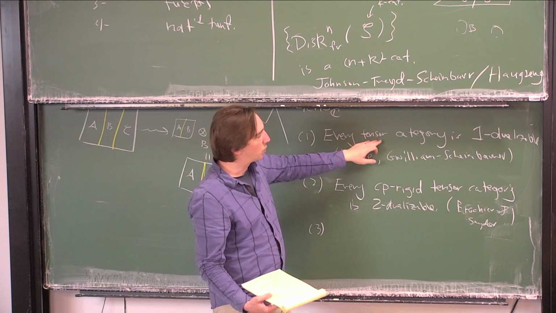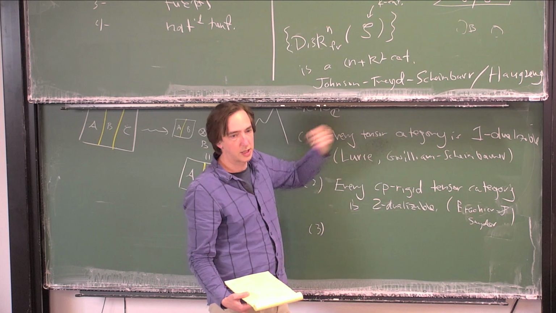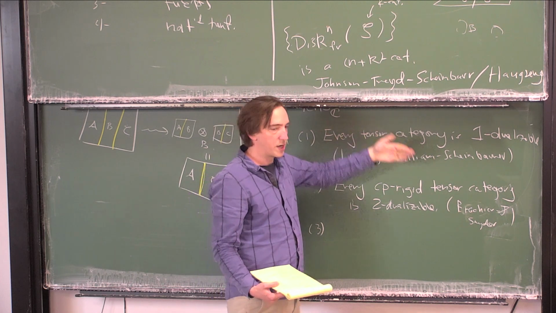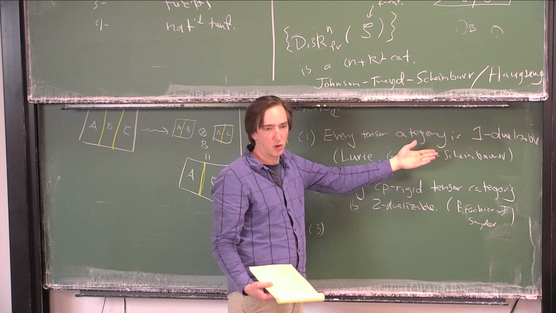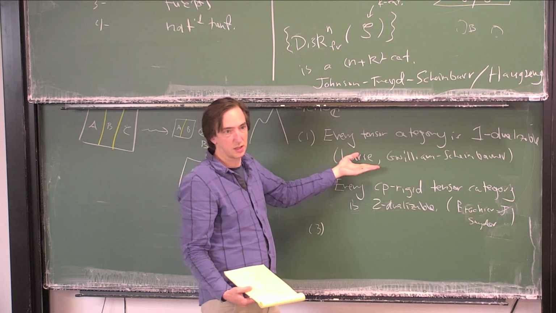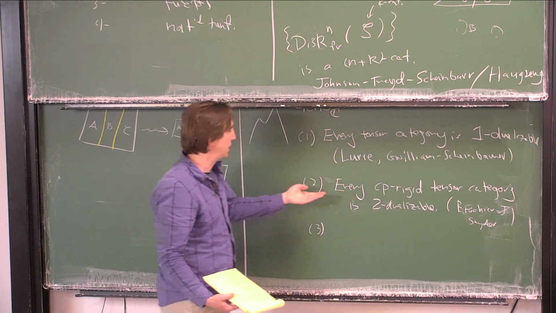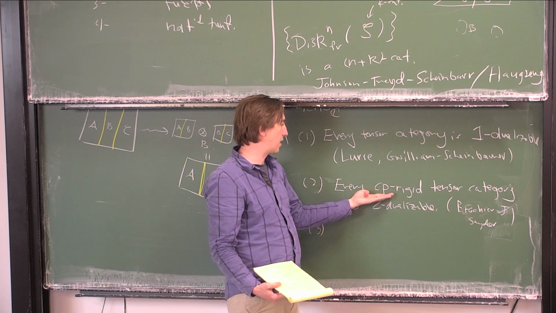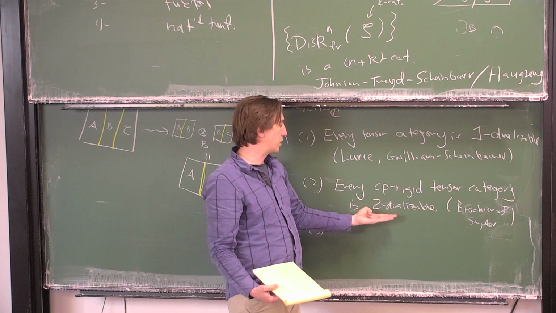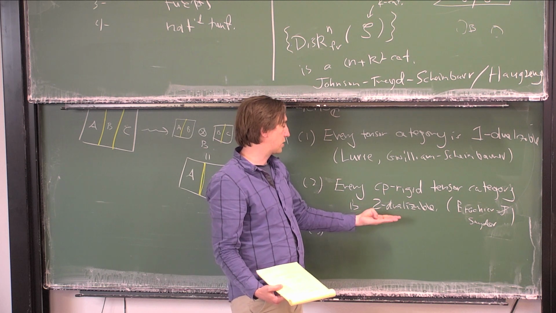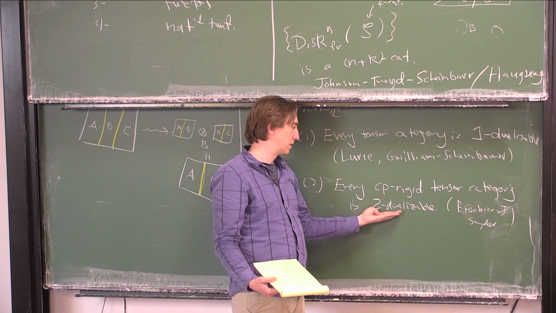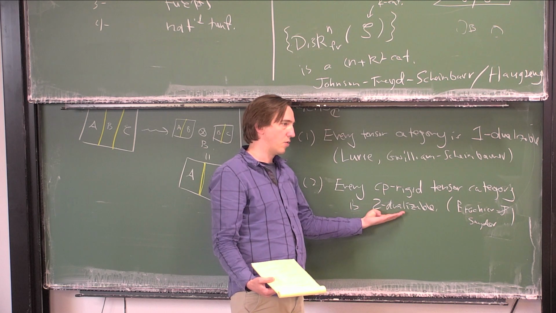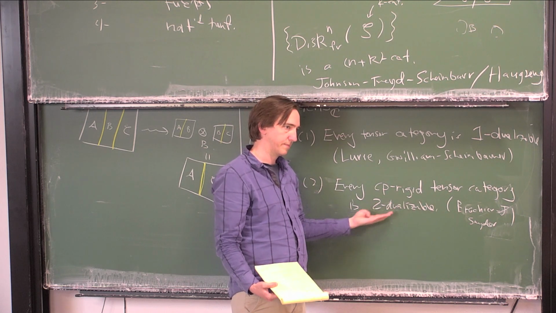But if it's only 1 dualizable, then all I can do is define a 1-dimensional TFT that spits out categories. It's still interesting to be able to do that. Here I'm saying that if I have a CP rigid tensor category, all I know for certain is that I can construct invariants of surfaces, dimension 2, and they won't be numbers, but they'll be vector spaces.